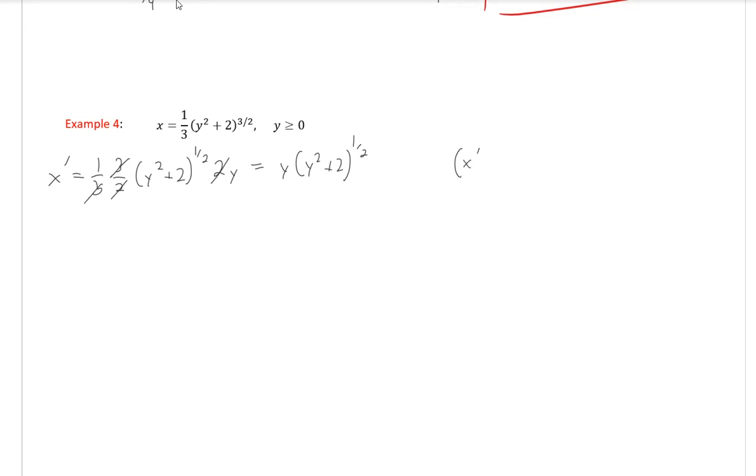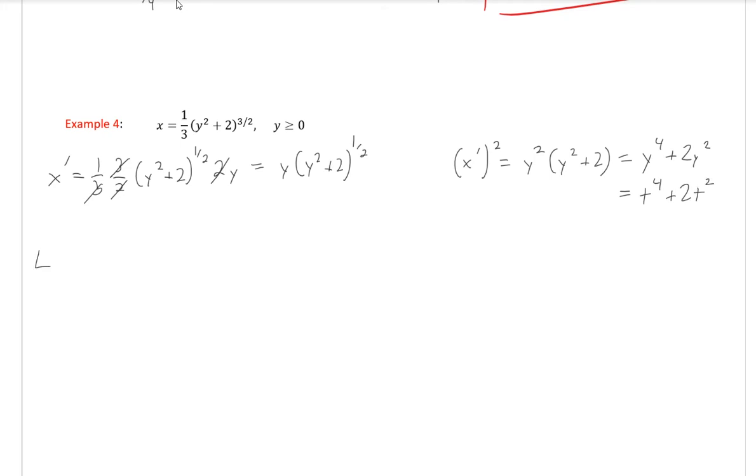And then if we square that, we get y squared times y squared plus 2, otherwise known as y to the 4th plus 2y squared. Or, since we're going to replace this with t, we get this as t to the 4th plus 2t squared.